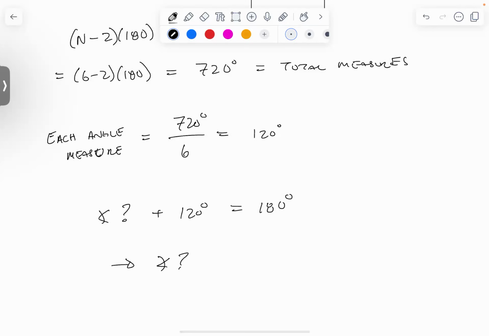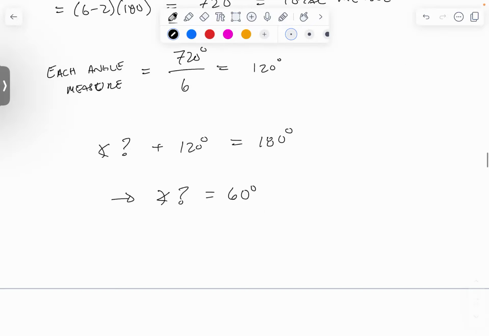So angle question mark is 60 degrees. And that's the really nice thing you can do because you know it's regular. Now, the good news is most of our figures are regular figures. It's the vast majority of our figures, not all, but most.